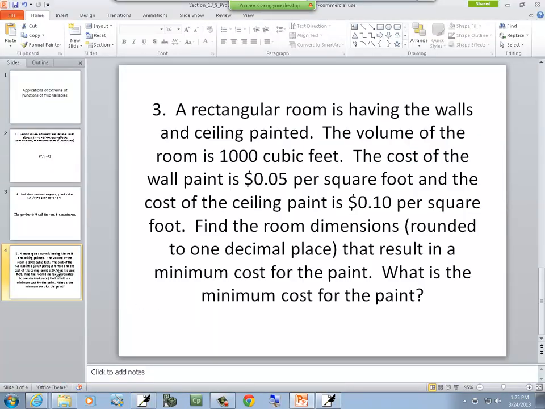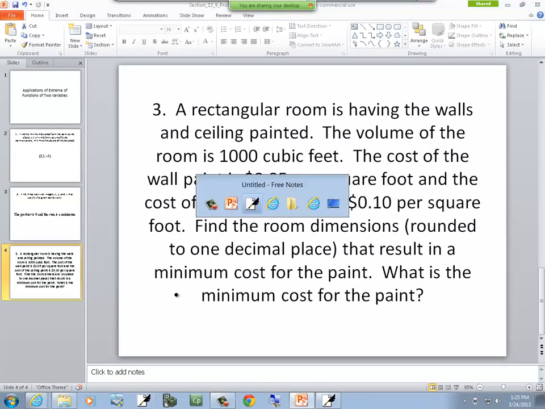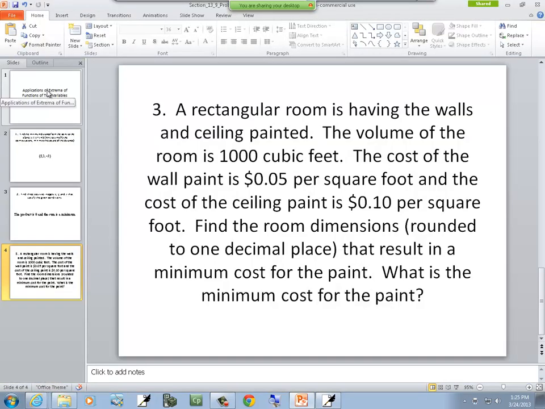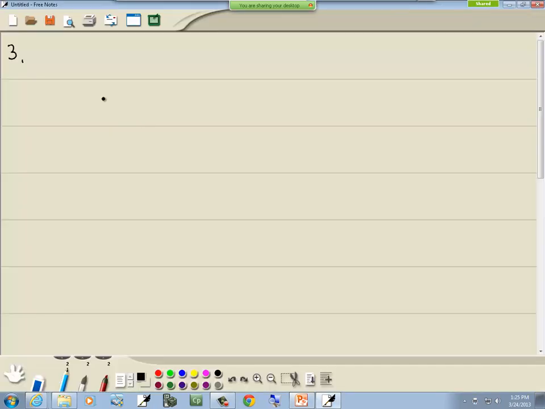Let's take a look at this problem. It says a rectangular room is having the walls and ceiling painted. Rectangular room.